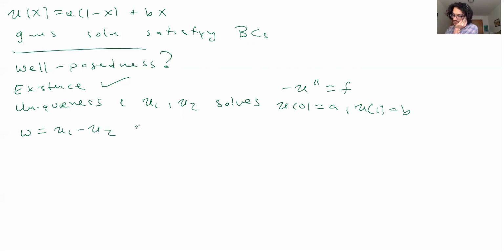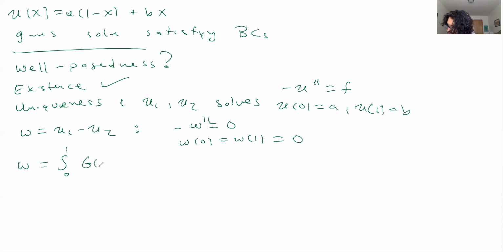Let's say we define W. Well, then W just satisfies the Laplace equation with homogeneous Dirichlet boundaries, okay? I can actually just immediately write down a solution to this using the Green's function, right? And straight away, we see that W is 0, okay?